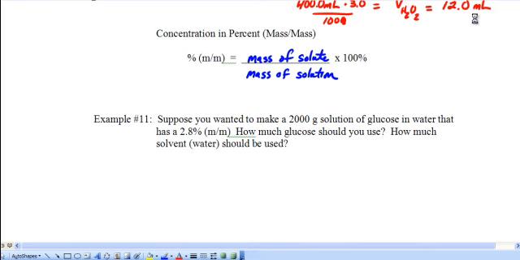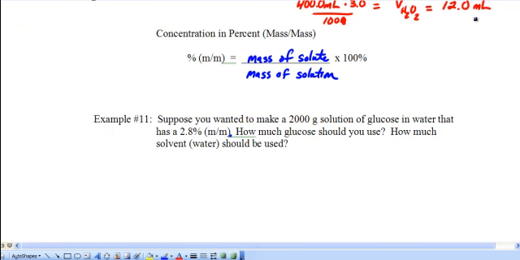So if you want to make a 2,000 gram solution of glucose in water that is 2.8% by mass, how much glucose should you use? And then how much solvent should be used?